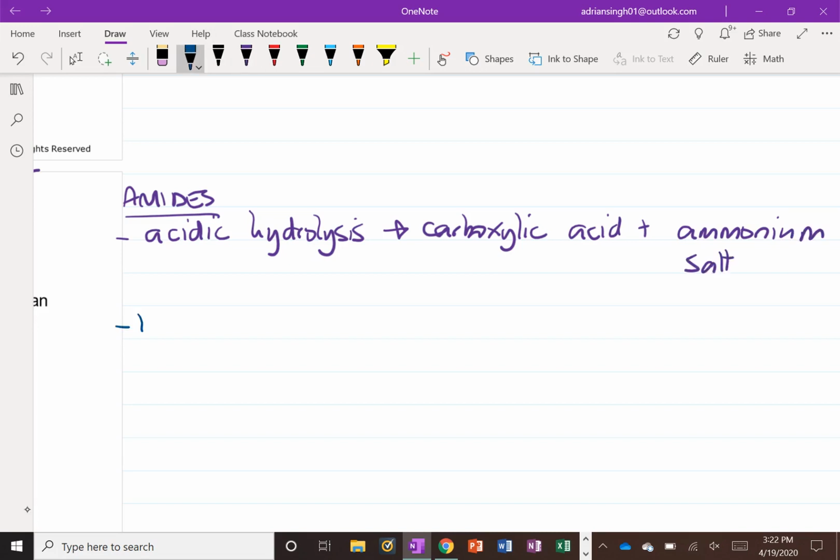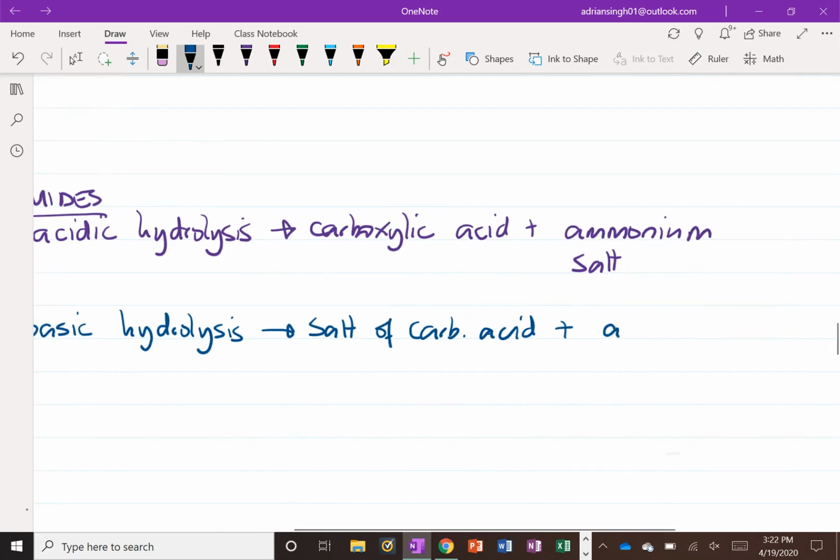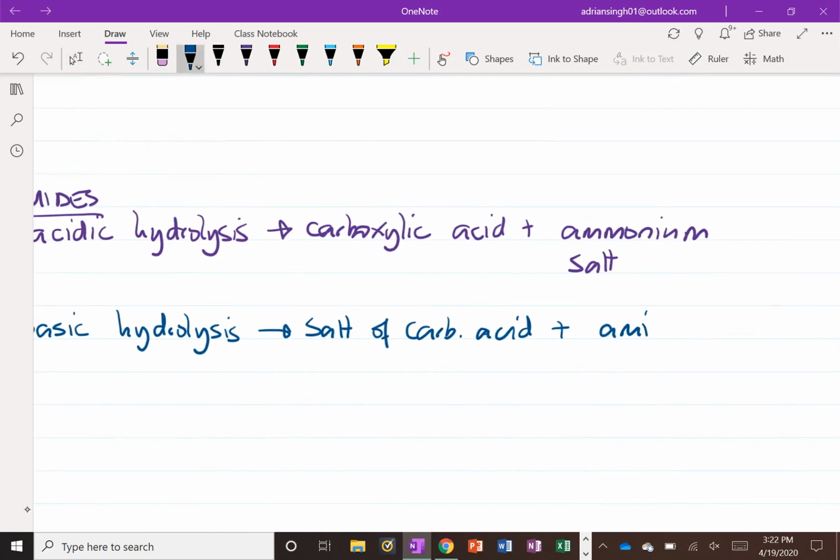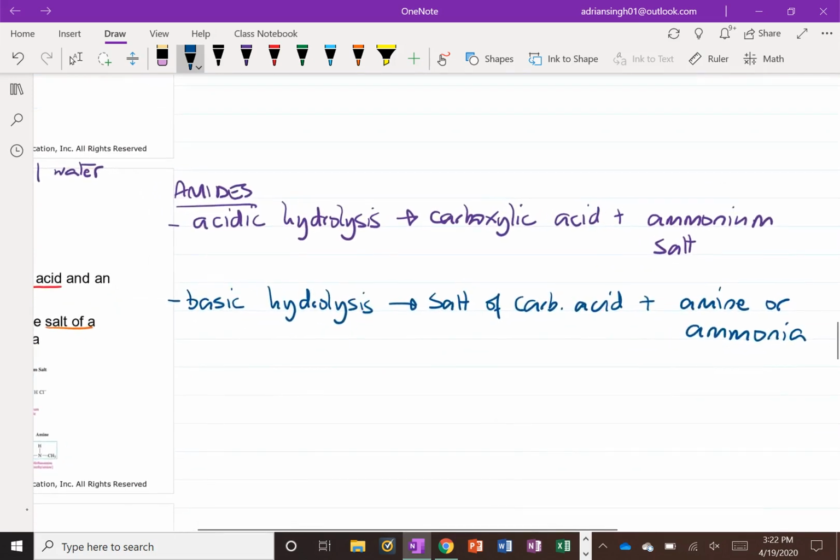And then under basic hydrolysis, we end up making the salt of the carboxylic acid, and the original amine, whether it was an amine or whether it was ammonia that was used to make the amide in the first place.